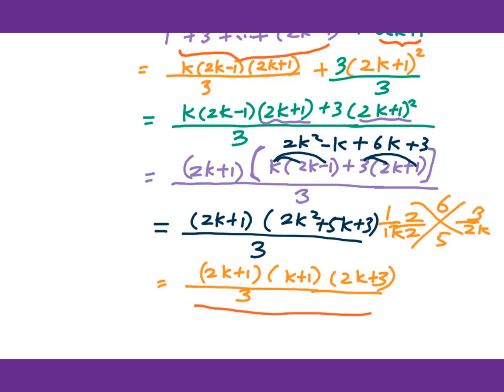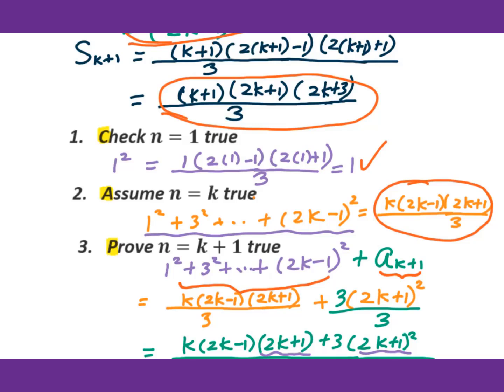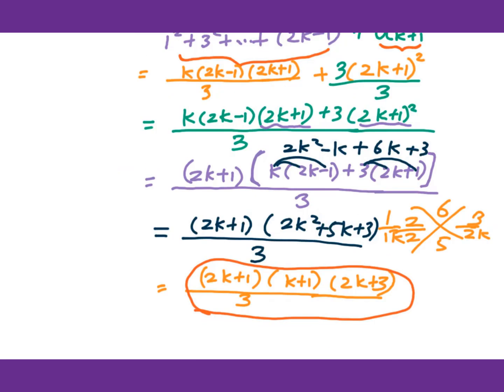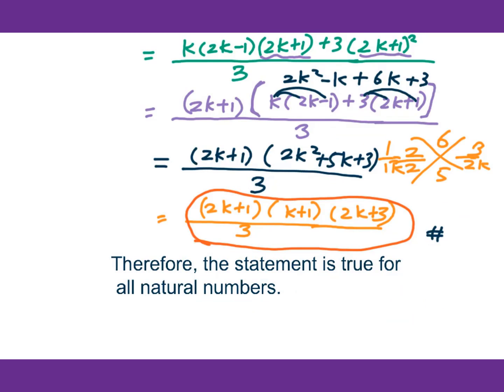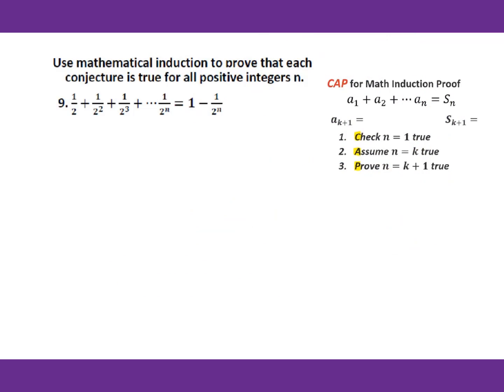Then you compare this one to this s sub k plus 1. You could see they exactly the same. Therefore, we finish proving. You can write down the statement is true for all natural numbers. For number 9, we know this is a sub n.